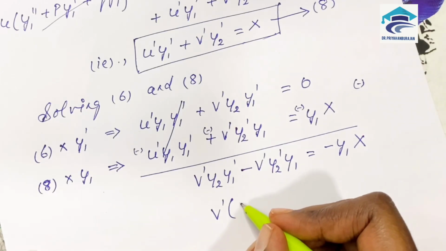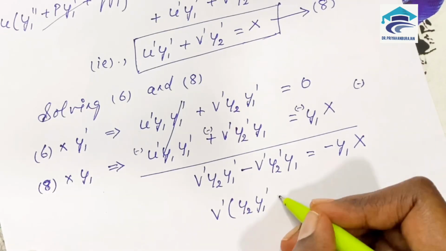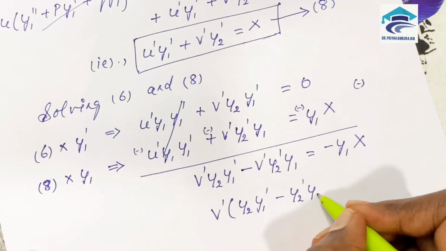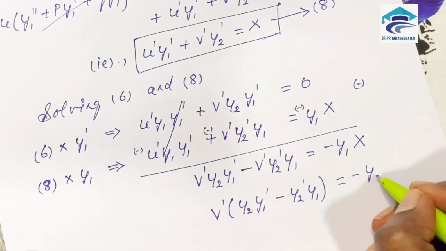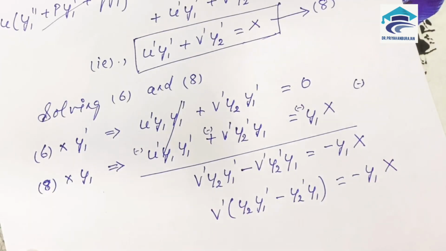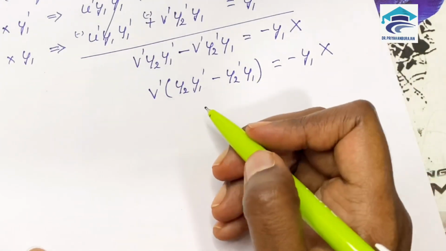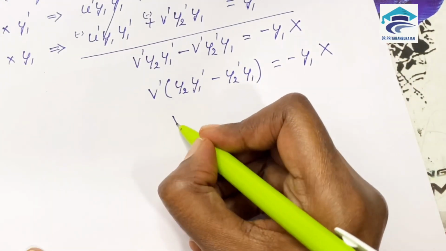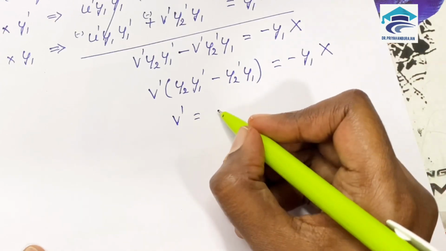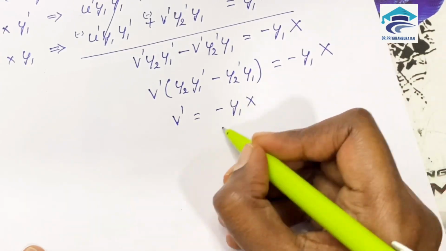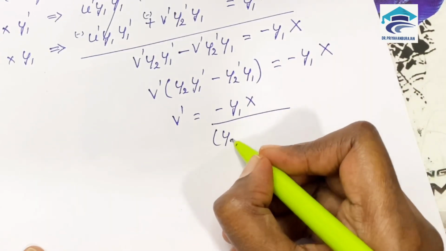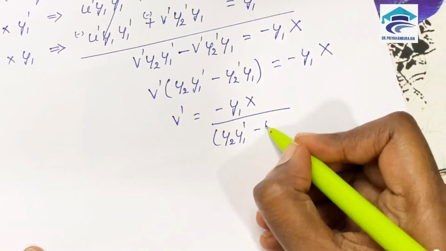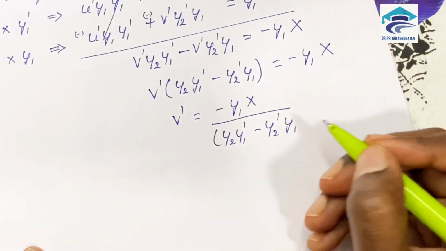It will become y2 y1 dash minus y2 dash y1 is equal to minus y1 into x. Now v dash is equal to minus y1x by y2 y1 dash minus y2 dash y1.